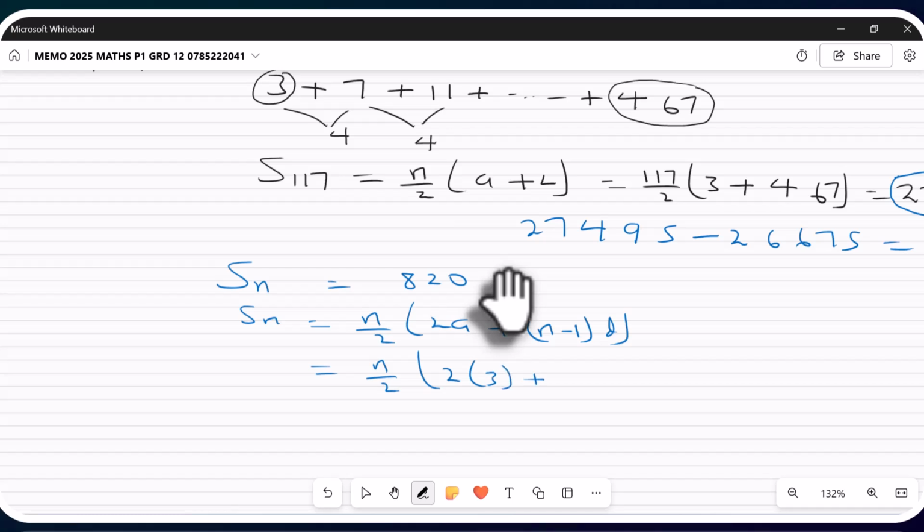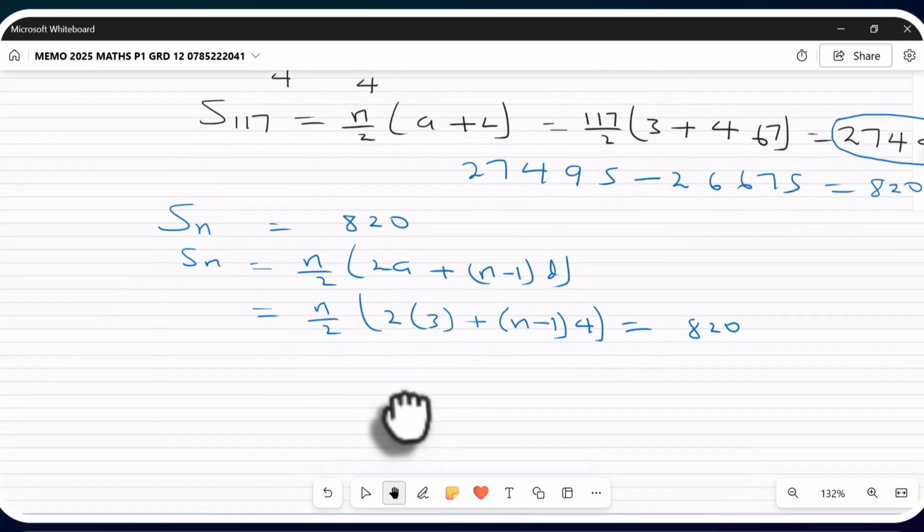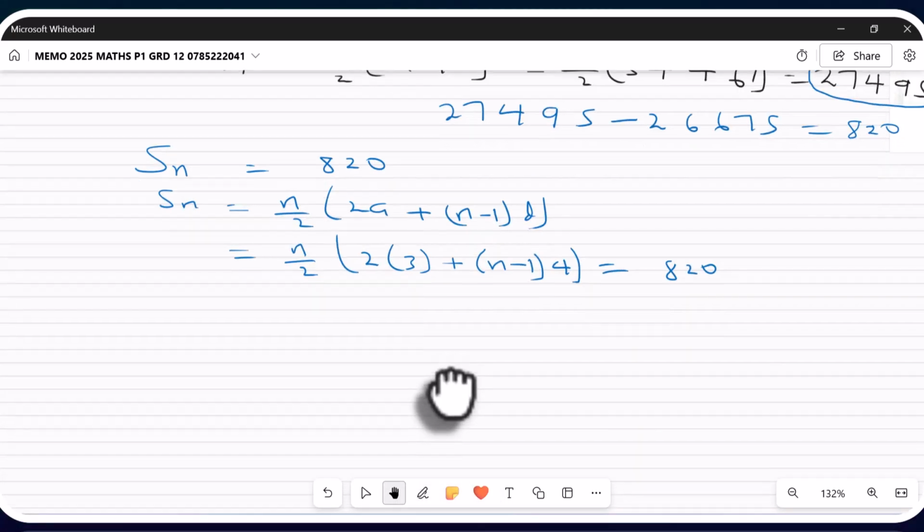So here it gives me 2n squared plus n minus 820 equals 0. So now quadratic formula again. My n equals minus b, which is minus 1, plus or minus the square root of b squared, which is 1 squared, minus 4ac, but my a is 2, my c is negative 820, divided by 2a.